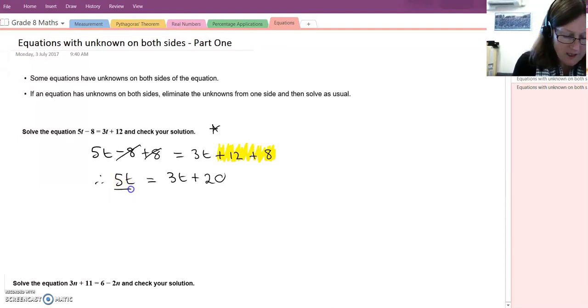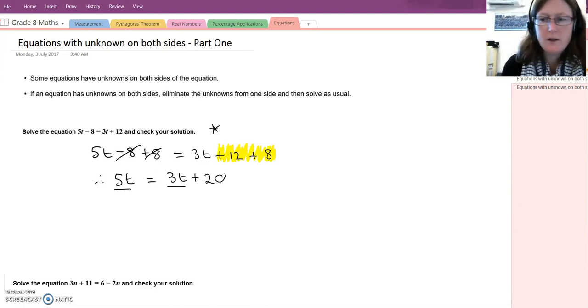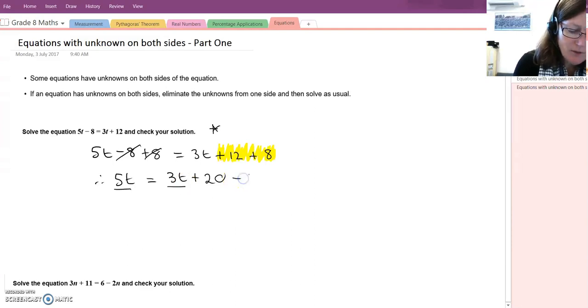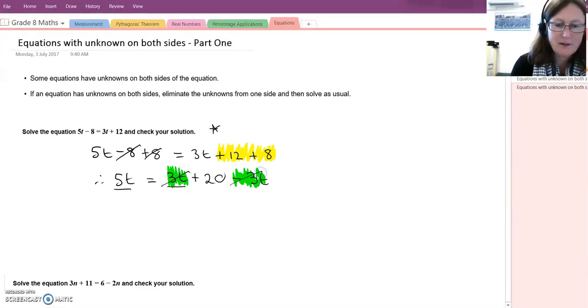But look, we have a t here and a t there. So if an equation has unknowns on both sides, eliminate the unknowns from one side. We need to work out how we can eliminate the 3t from the right hand side. If I subtract 3t, 3t subtract 3t, they cancel each other out.